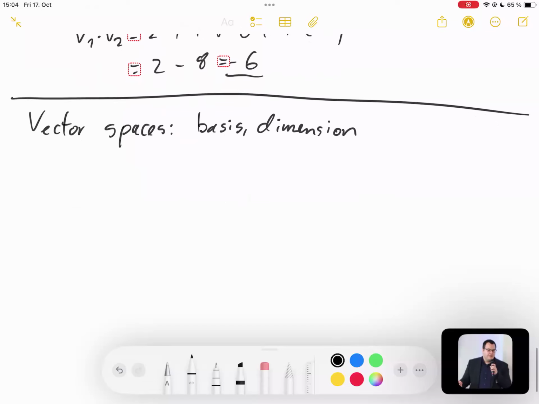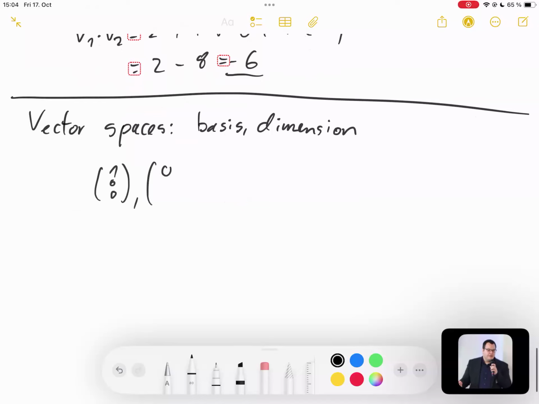For example, if you have 3 entries, a typical basis would be something like this, and then a vector can be built from this basis. But you can have a different basis. You can convert from one basis to another, and it's something you have probably studied in detail in your Math 1, Math 2, and the concept of dimension also is a consequence from this.